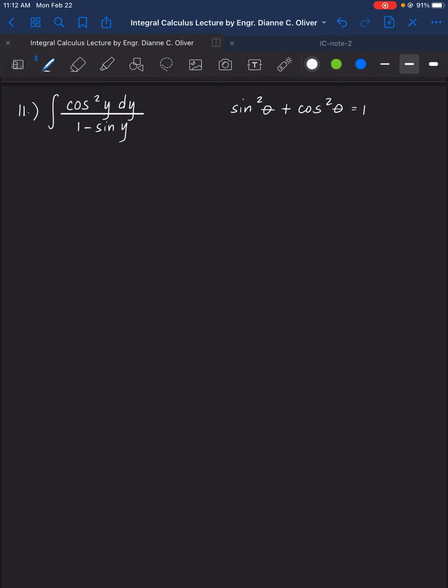So we have here cosine squared theta is equal to 1 minus sine squared theta. Let's see what we can do here. So we have here 1 minus sine squared y dy over 1 minus sine y. Still not going somewhere. How about if we expand this portion here?